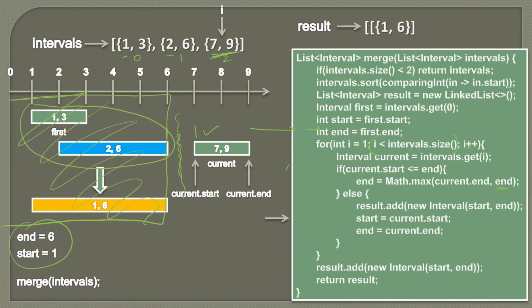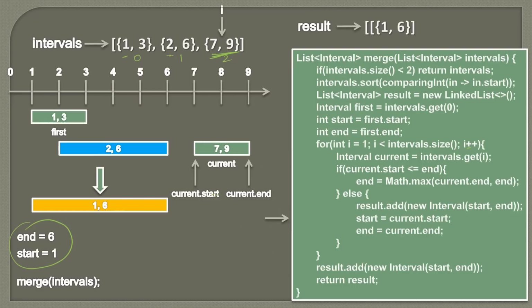So we have to forget this part now. And as we started with 1, 3 at the start, because that was the first interval, now we have to start from 7, 9 thinking it is the first interval. So now start will become current.start. We will assign the value of current.start, which is 7, to start, and end will become current.end, which is 9.